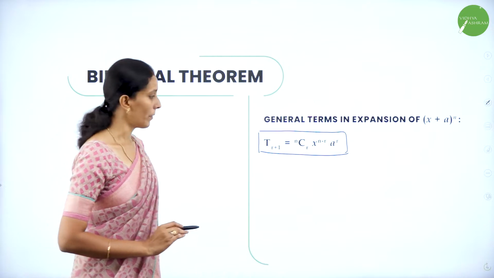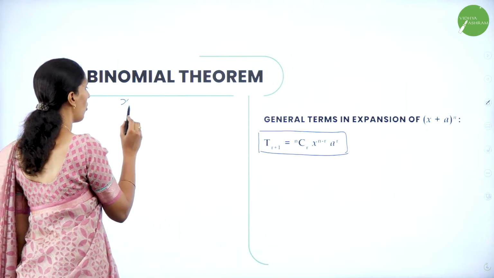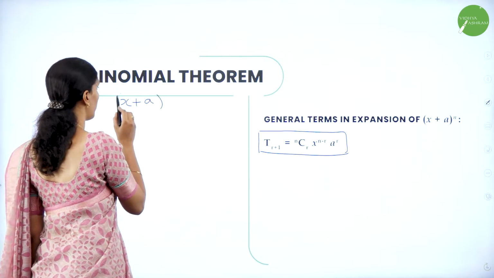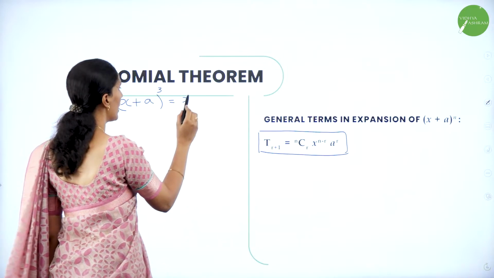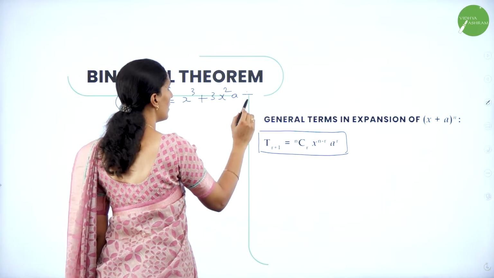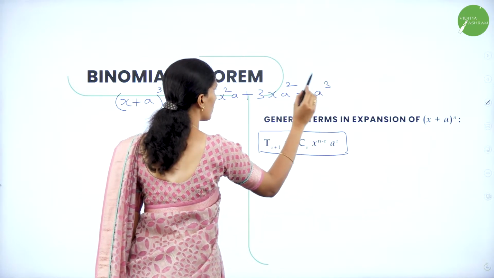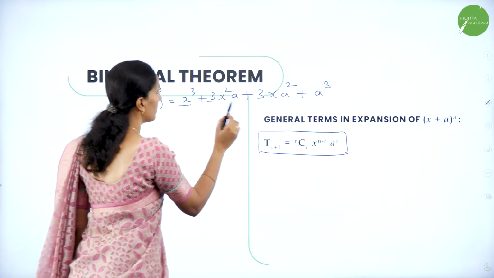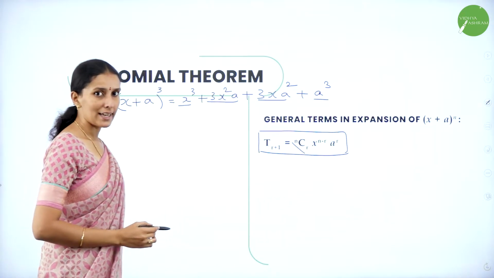So, very easy to remember the formula. See here, I'll give an example of (x + a) whole cube. What is the expansion of (x + a) whole cube? x cube plus 3x square a plus 3x a square plus a cube. So, in each term here, as I said, you have a coefficient nCr.